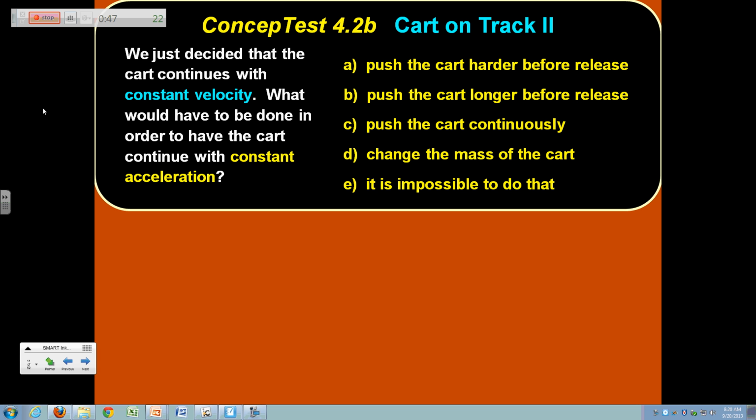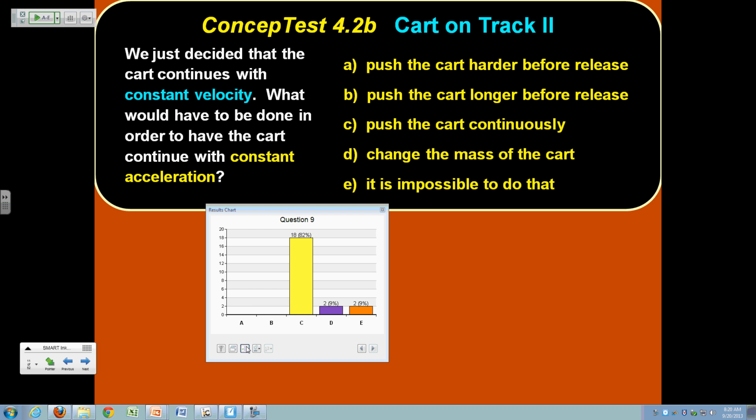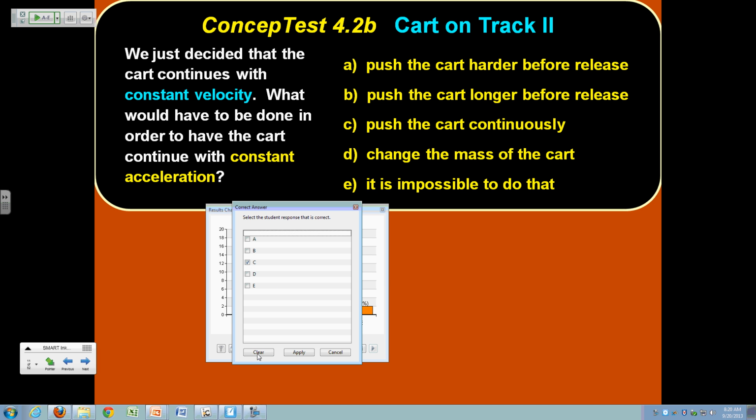Very good. So to accelerate, you have to have a force applied.